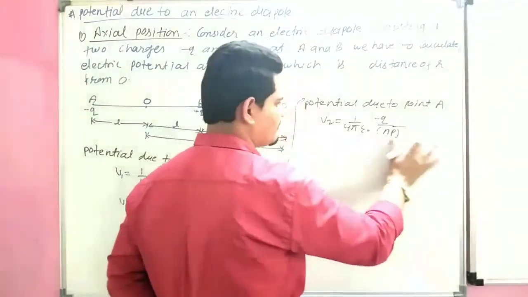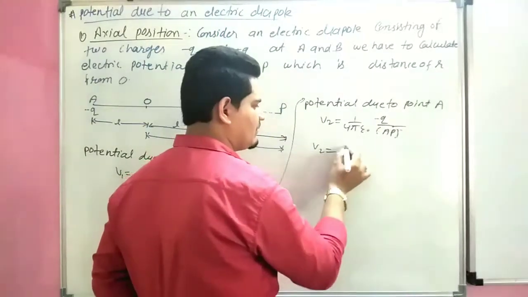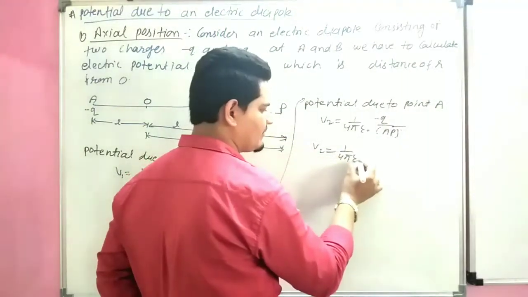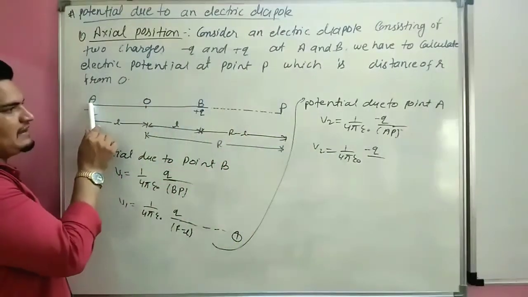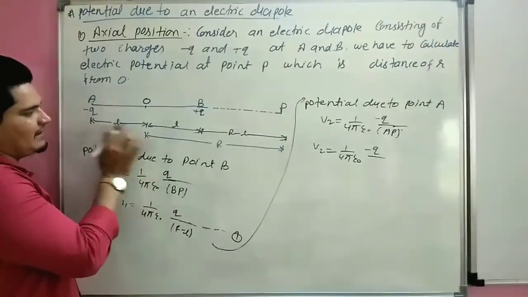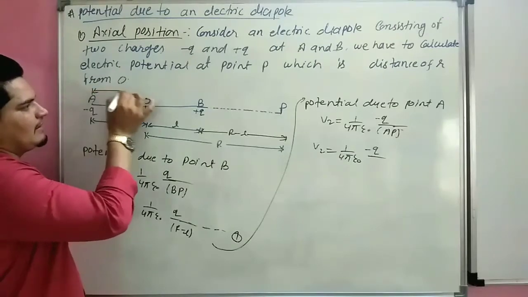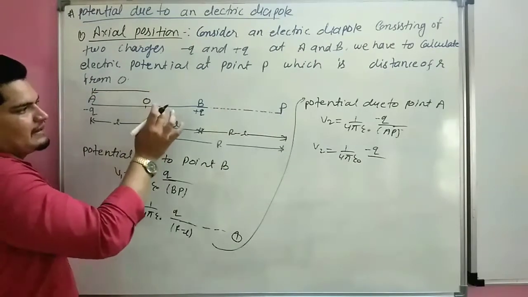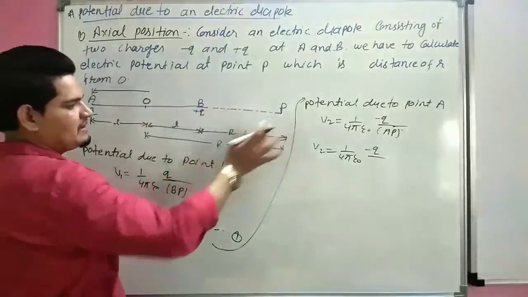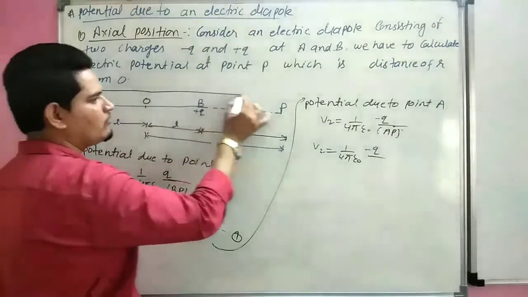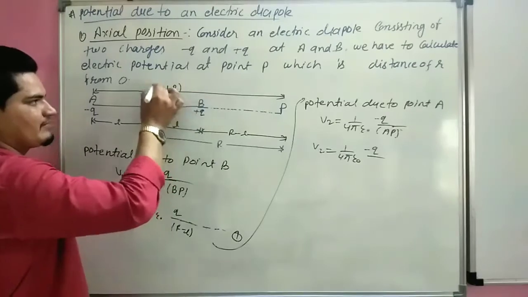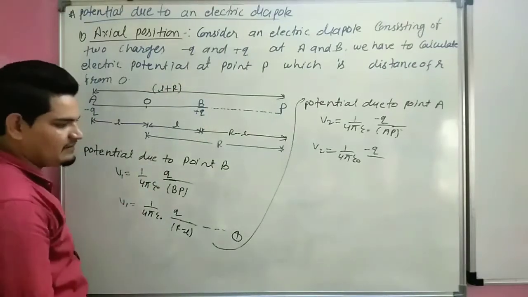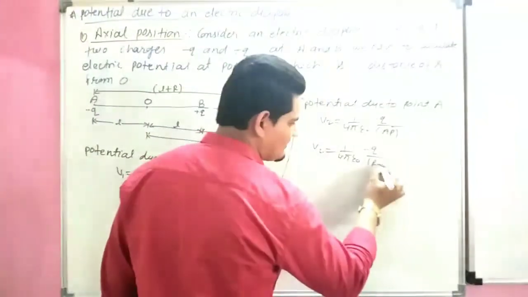V2 is equal to 1 upon 4 pi epsilon naught, minus Q, and the distance is A to P. A to O is l and O to P is R. So the total distance is l plus R.